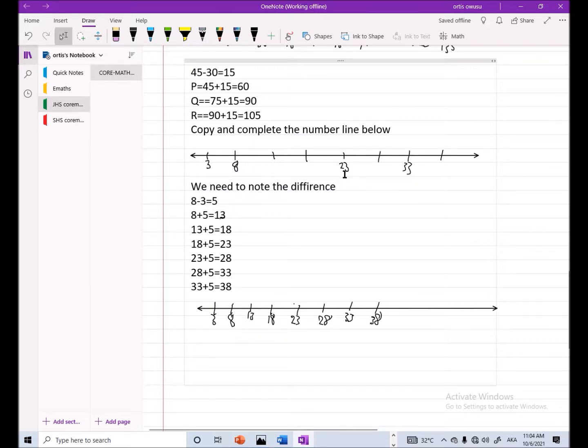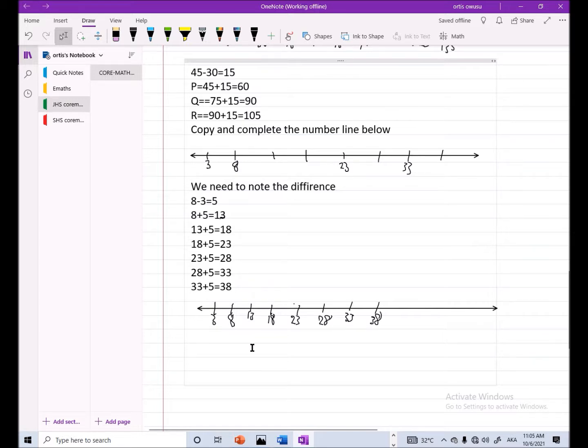What we're going to do is subtract 23 minus 3, then divide by the number of divisions to the 23, which is 4.